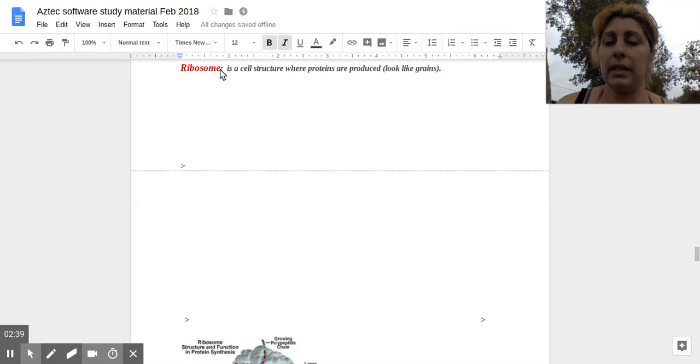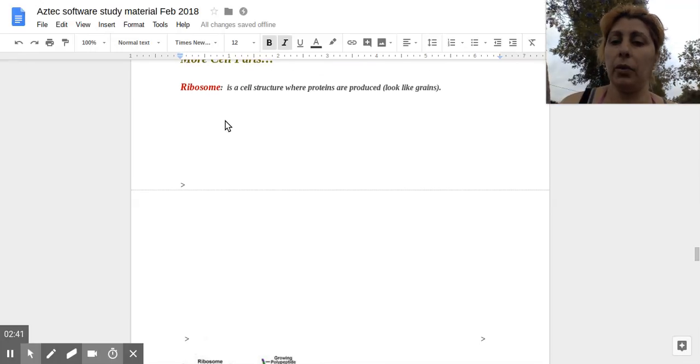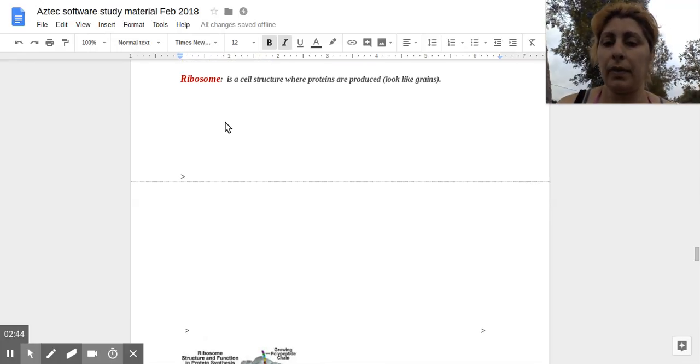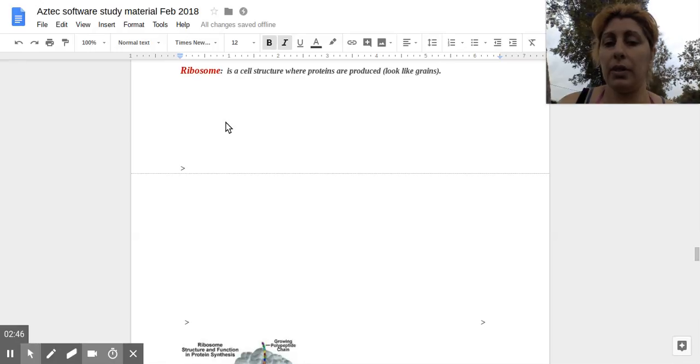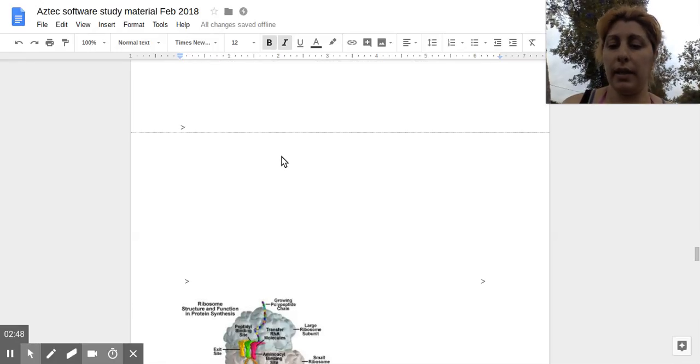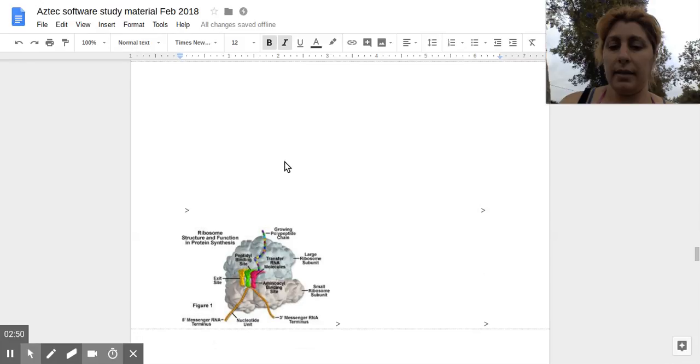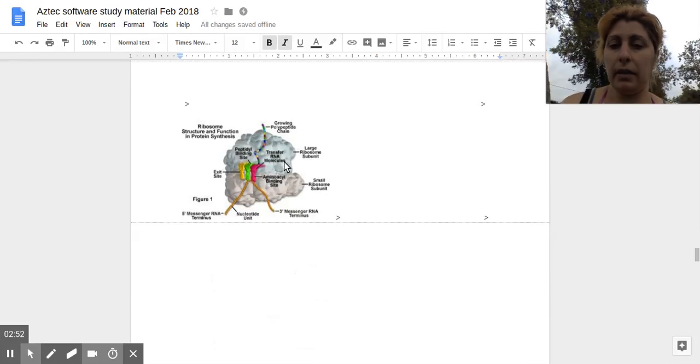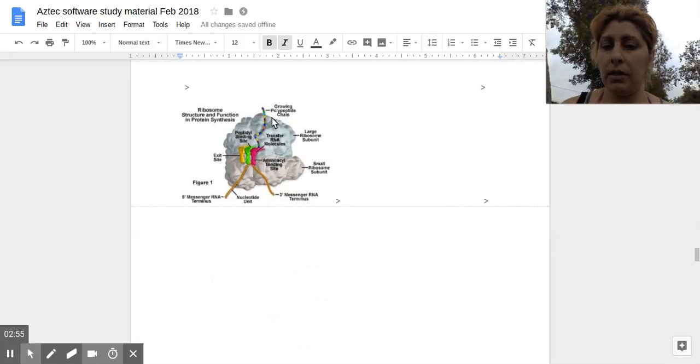This protein synthesis occurs on a cell organelle called a ribosome. It is a cell structure where proteins are produced. These look kind of like grains inside the cell cytoplasm. This is showing what the ribosome looks like.